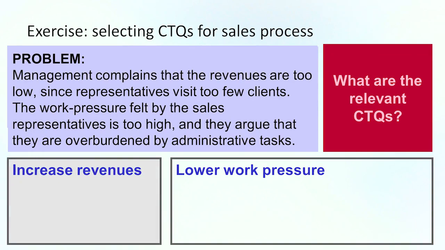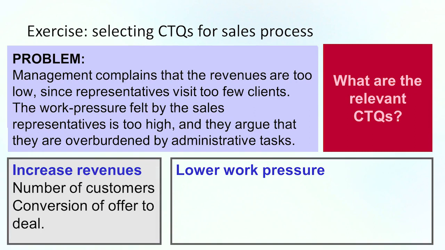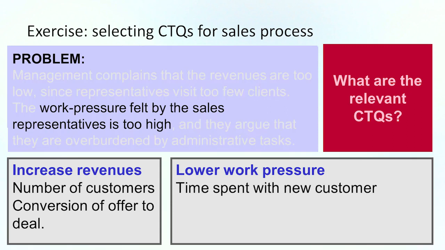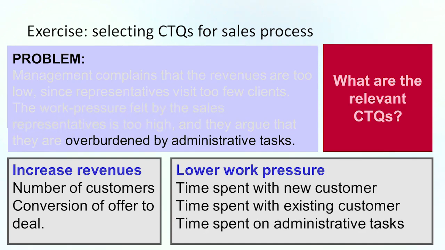To measure revenue, you can, for instance, count the number of visits, as well as look at the conversion rate of these offers. The work pressure can be expressed as the time that is spent with new customers, the time that is spent with existing customers, and the time that is spent on administrative tasks.